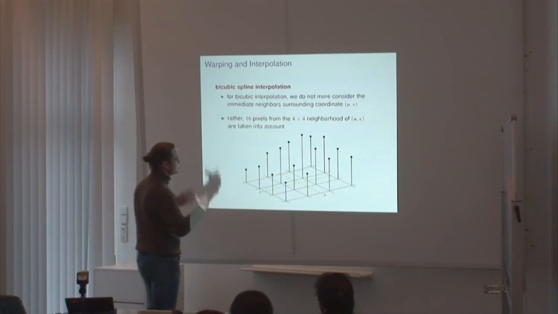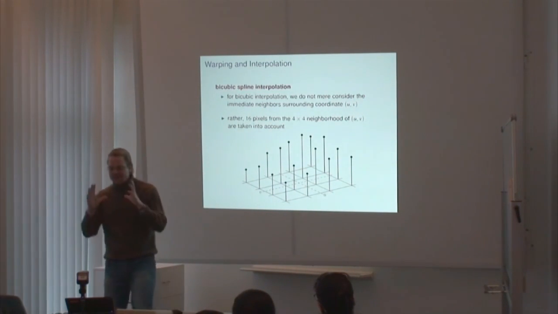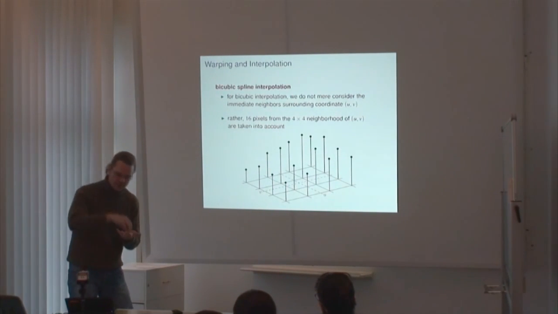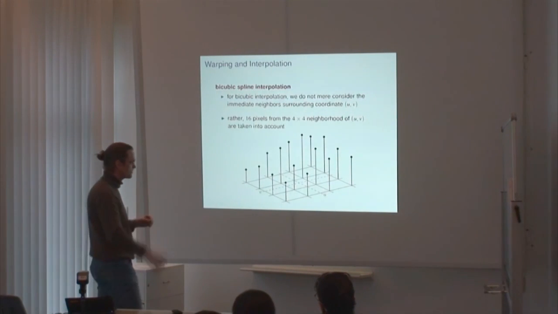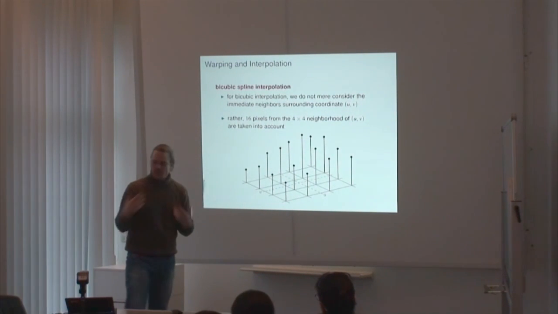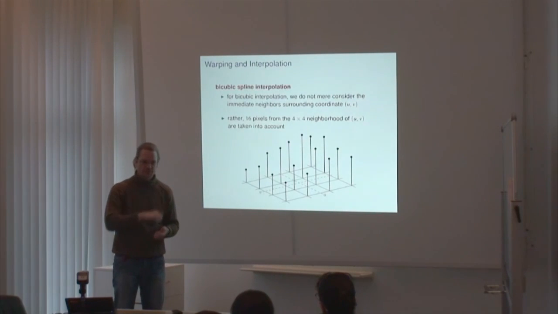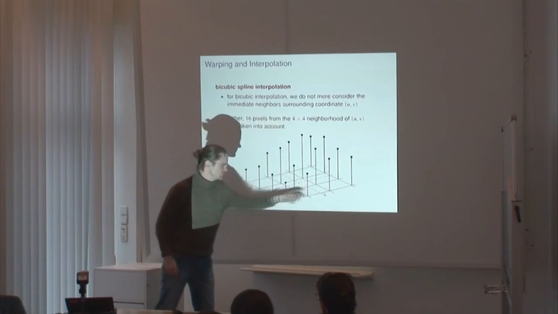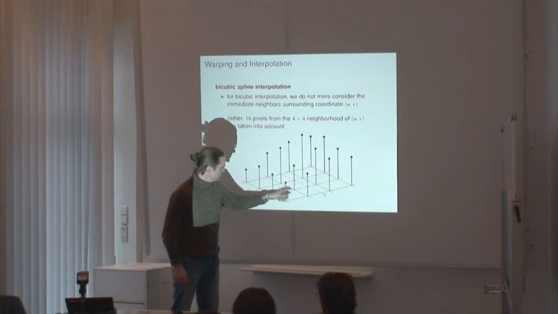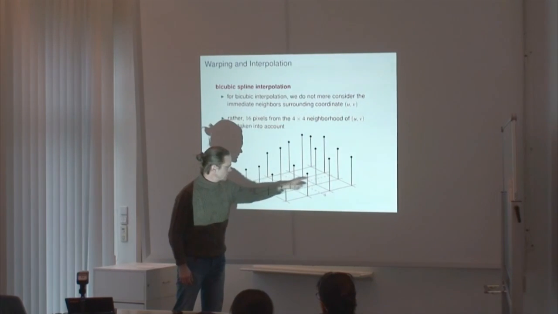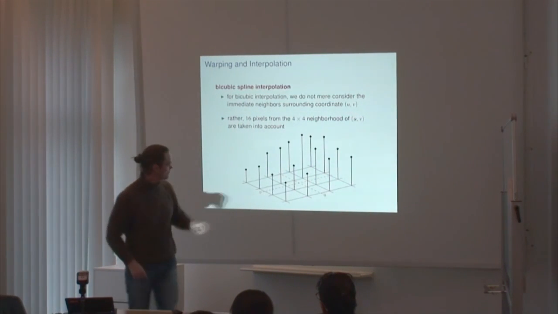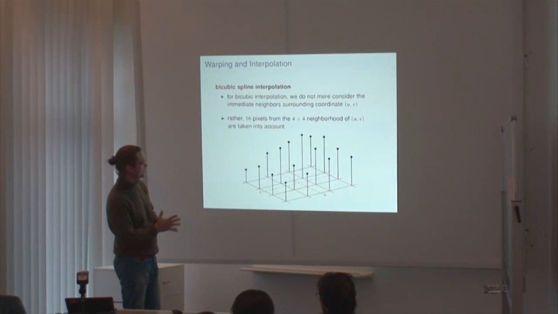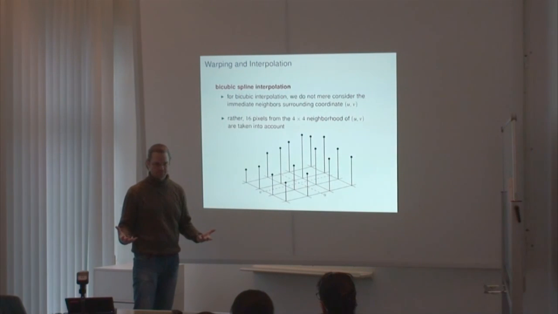Straightforward extension. It is exactly the same extension we just saw for going from linear to bilinear. Now we're going from cubic to bicubic. However, to compute a spline, we need more function points than just the two function values surrounding the coordinate. So where for the bilinear case we just focused on those four surrounding coordinates and the corresponding function values, for bicubic spline interpolation we look at a larger neighborhood.